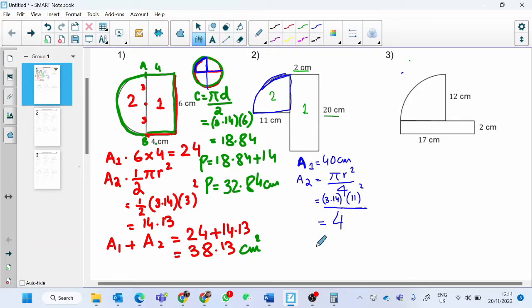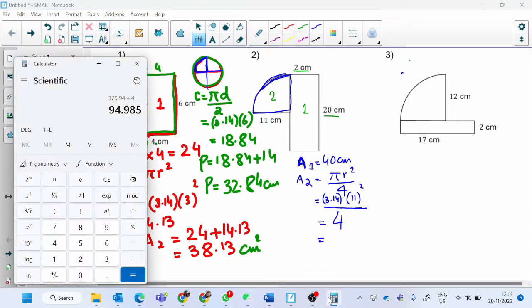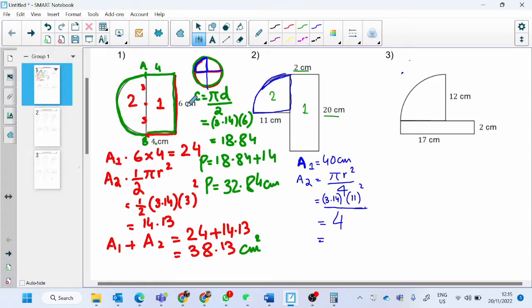This is 4 here. So this gives us the answer 94.98. So the area will be area 1 plus area 2, and area 1 is 40.